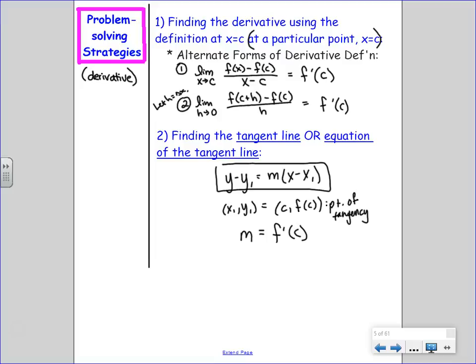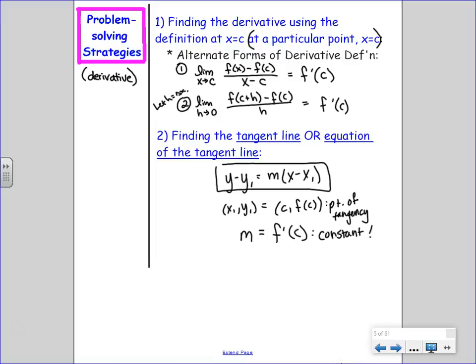So when you solve for it, this should be a constant. One of the biggest mistakes for tangent lines is A, not knowing where to start, and B, plugging in the derivative, f prime of x, instead of plugging in the one derivative, the one slope at the one point. At one point, there can only be one slope.